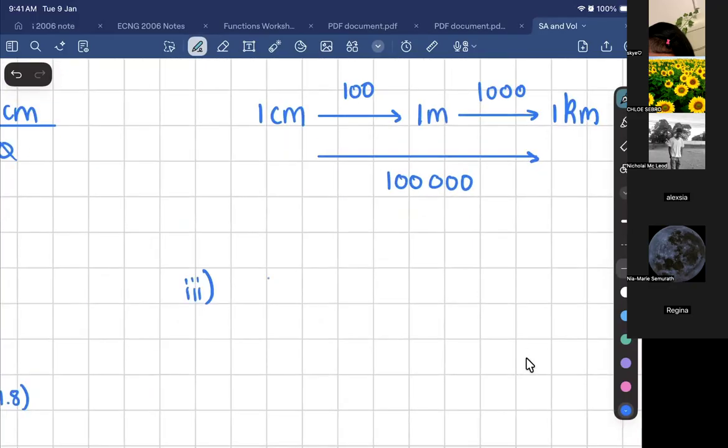Now, if it is centimeters squared, let's look at what centimeter squared means. If I had 2 squared, what does 2 squared mean? 2 by 2. Okay, so what do you think centimeter squared means? Centimeter by centimeter. Right.